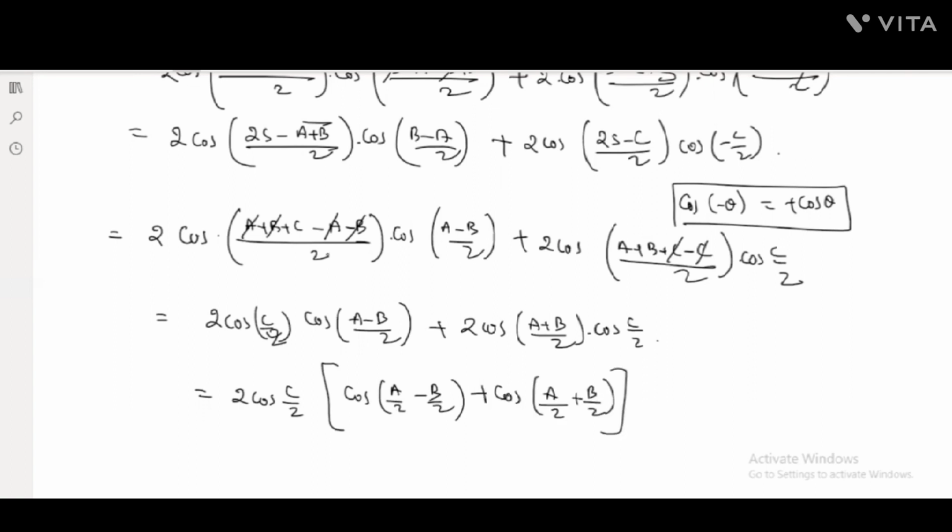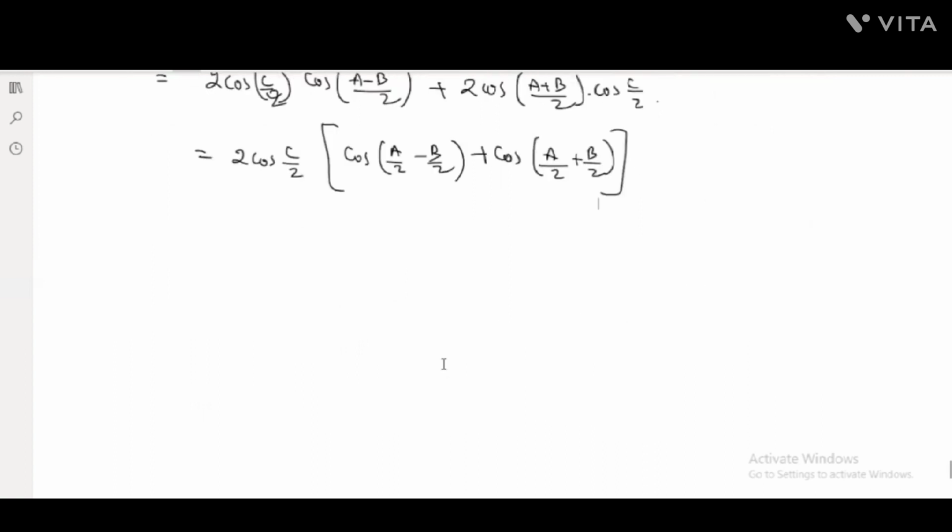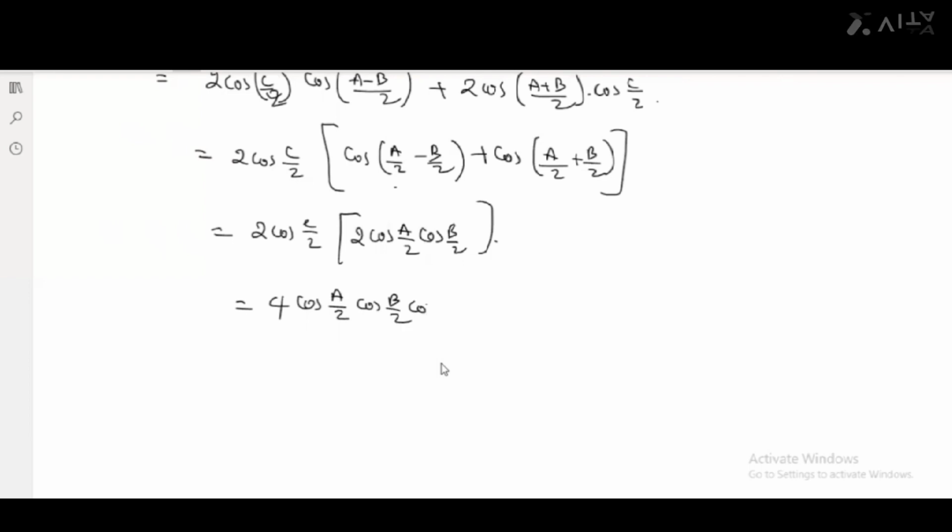So cos(A plus B) plus cos(A minus B) is, we know, 2 cos A cos B. According to that, we can write 2 cos a by 2 into cos b by 2. So finally the answer is 4 cos a by 2 cos b by 2 cos c by 2.